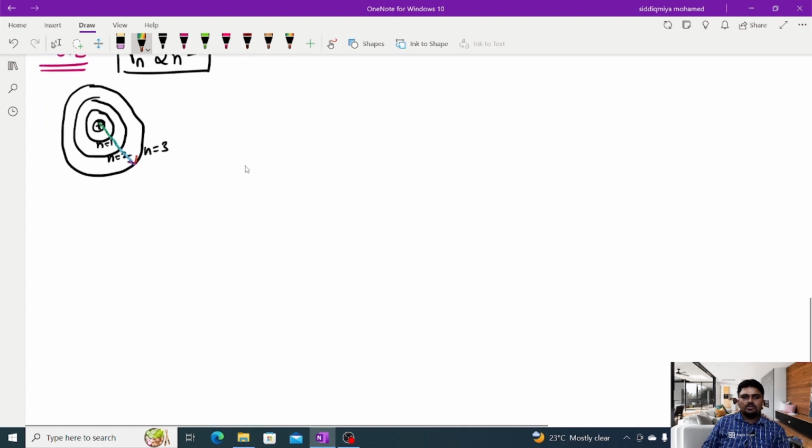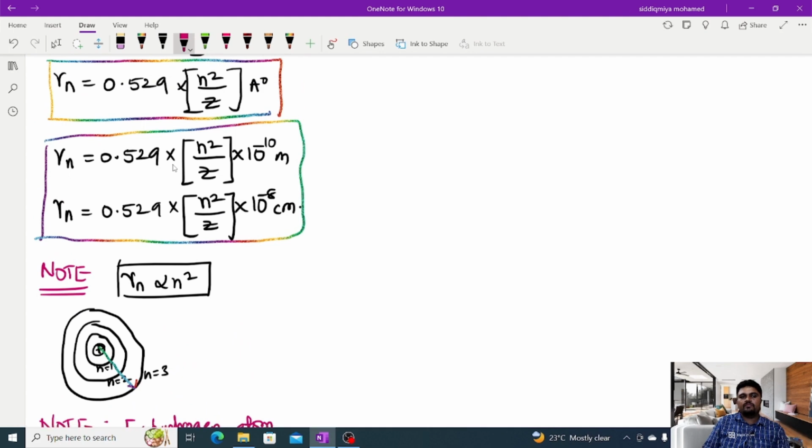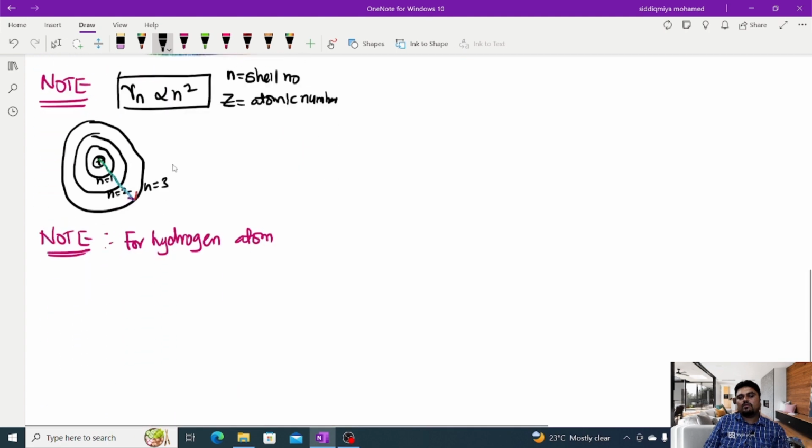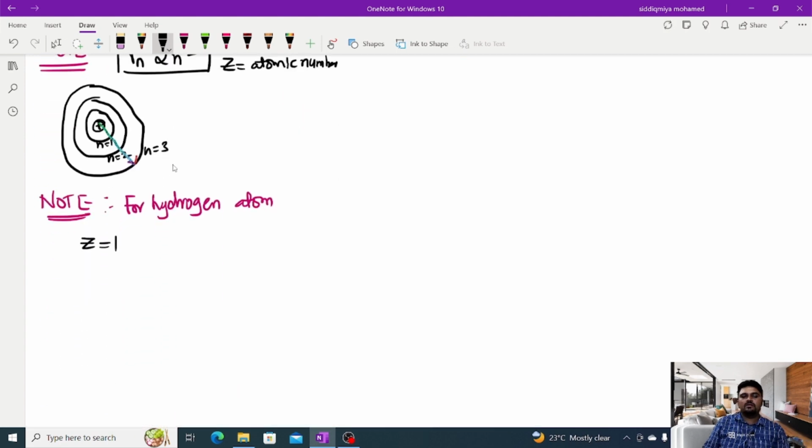Next thing, in textbooks we can see the hydrogen atom radius. Note, for the hydrogen atom, n is equal to the shell number and z is equal to the atomic number, so for atomic number I have to write 1. So what will I get?